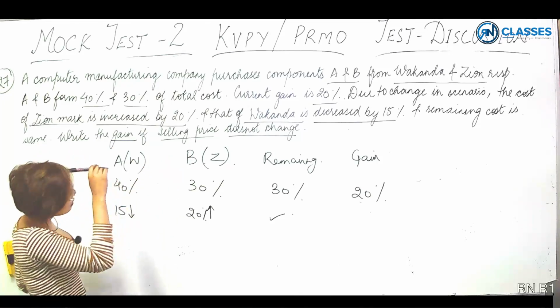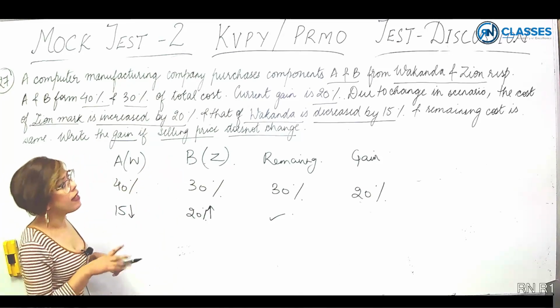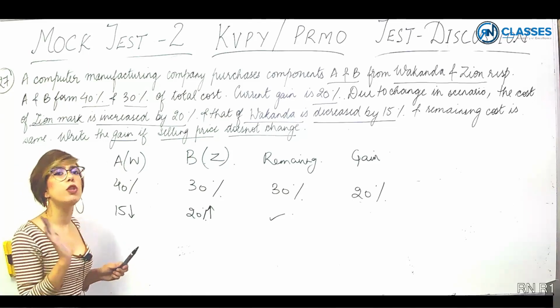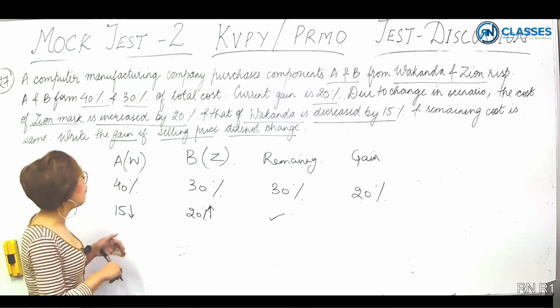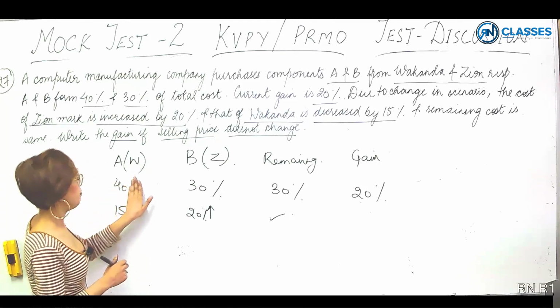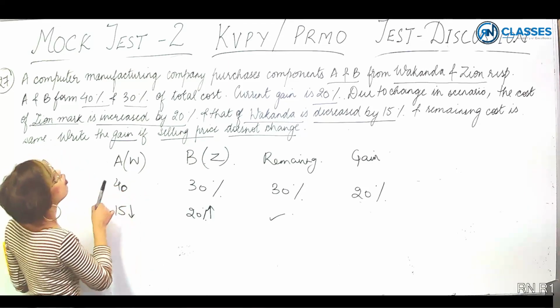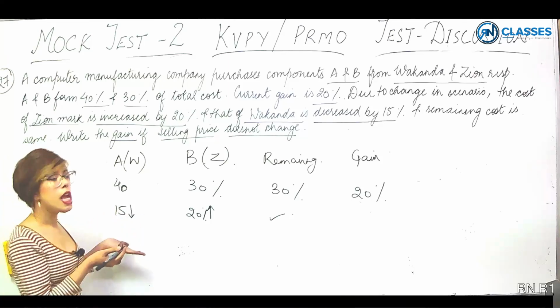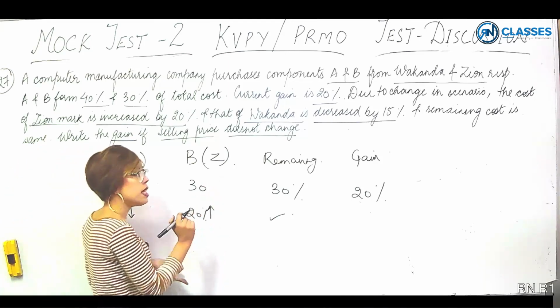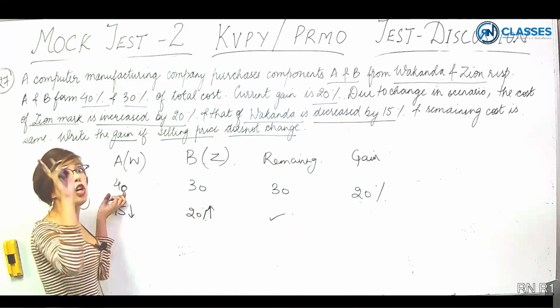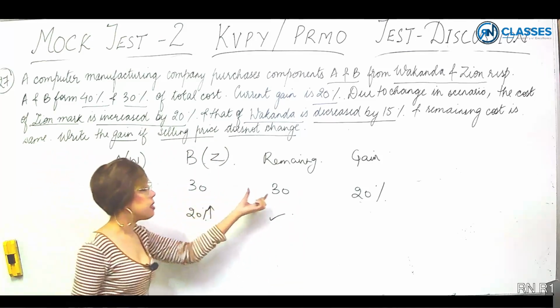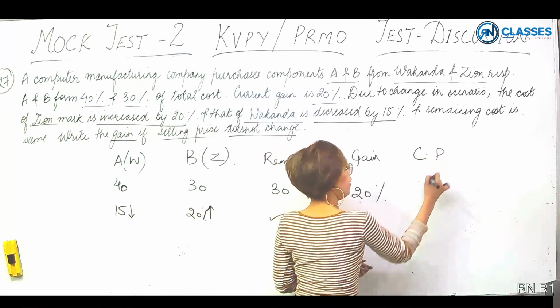Now, since you see the percentages are getting involved and nothing is given, I will suppose my total cost to be 100. So, 40% of 100, that is 40. I'll take the share of component A to be 40 and component B would be 30 and the remaining would be 30. So, total cost price, that is 40 plus 30 plus 30, is 100.